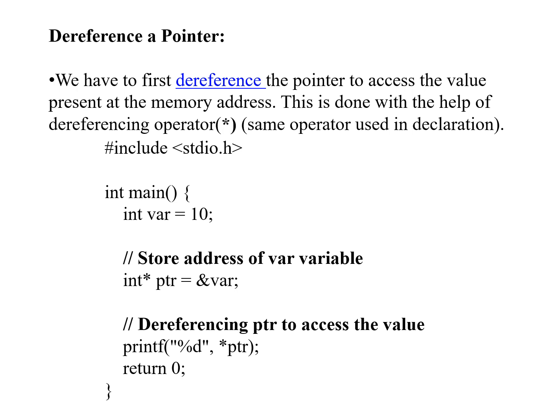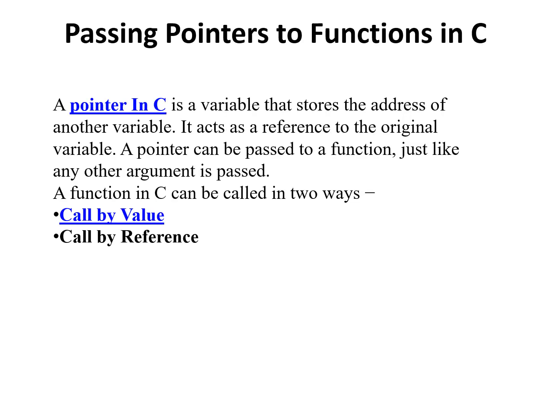We include the header file, then main function and normal variable declaration, then store the address of the variable: int star ptr is equal to ampersand var. The dereferencing operator is used to access the value of the pointer, that is printf %d comma asterisk ptr, which accesses the value of the variable.